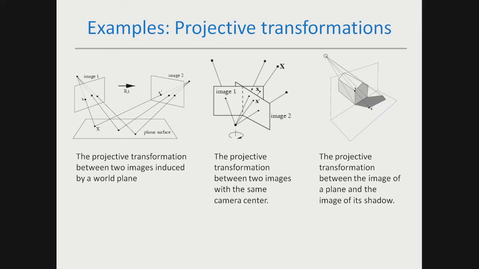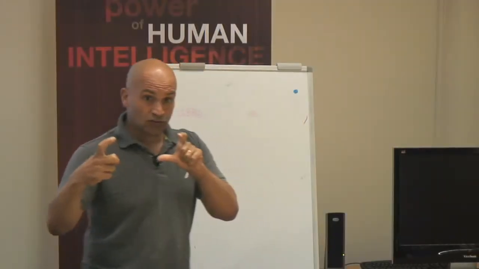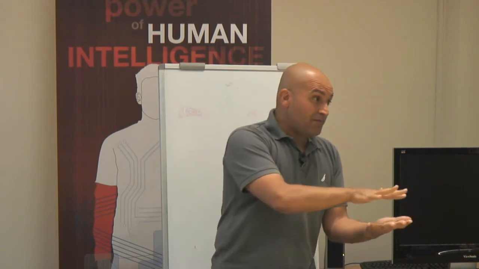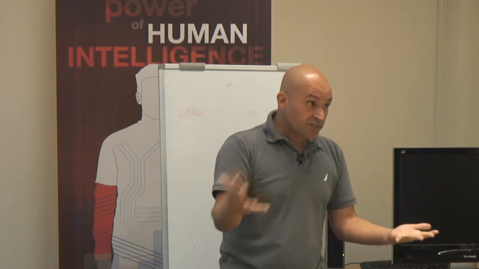If I take one photo of this plane, and then another photo of this plane, I can compute the transformation from this image to this image. The mapping from this image to this image is a projective transformation.